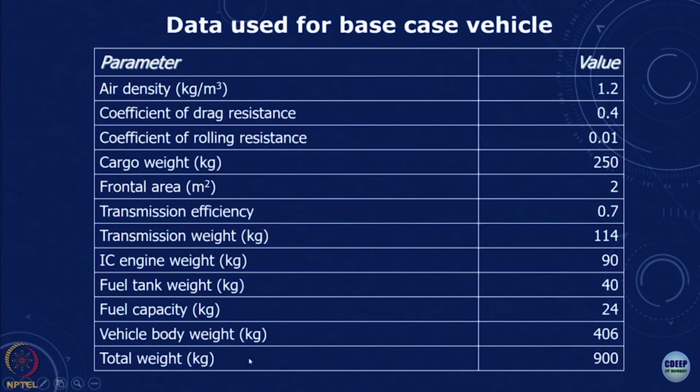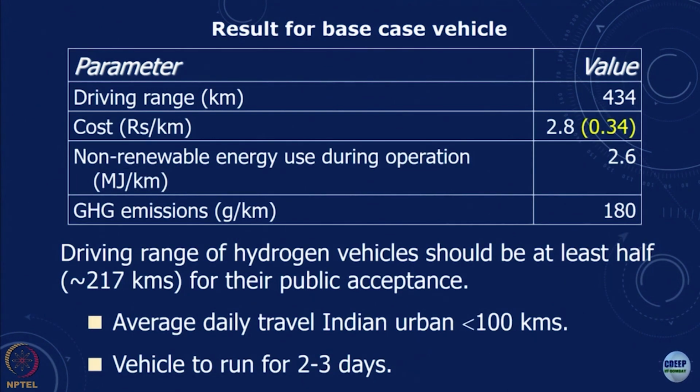And then these are the data that we use for the base case, and you can take a look at all of this, and then we said we have a certain driving range, and then we got a cost in terms of rupees per kilometer.